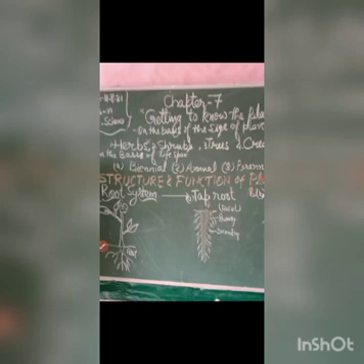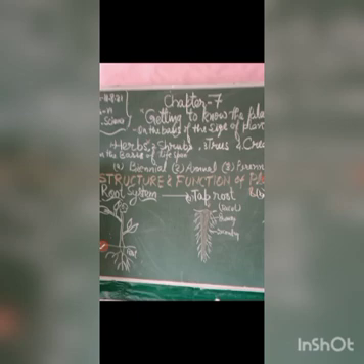Plants are present around us in the form of crops, trees, shrubs, and different fruits and vegetables. So in this video, you will be able to know about the plants. The chapter name is Getting to Know the Plants.